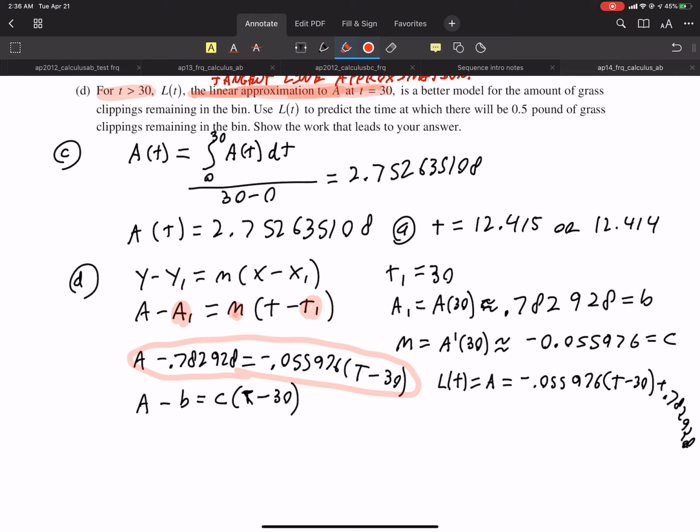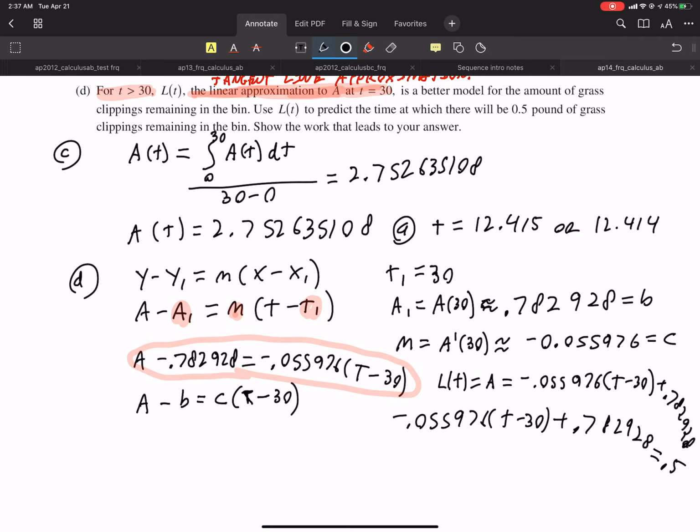So they want to know when will L of t equal 0.5. Wow, I am just so out of room. I'll take my L of t and set it equal to 0.5.